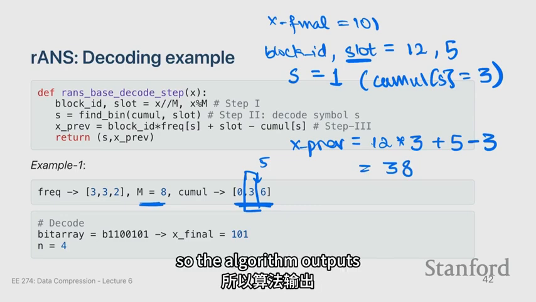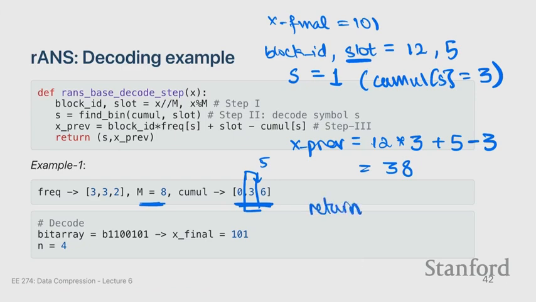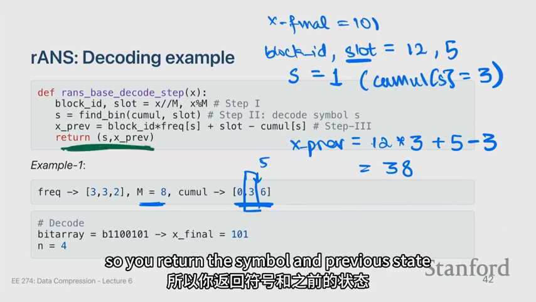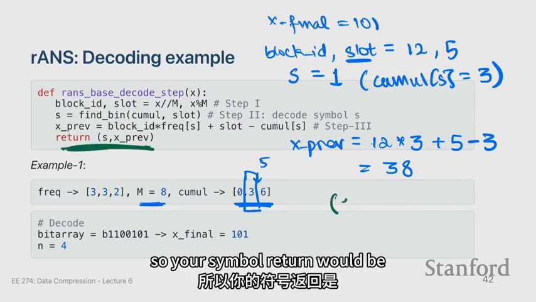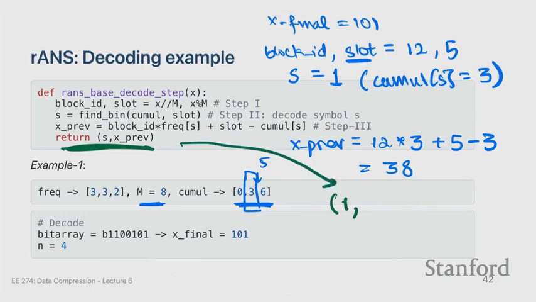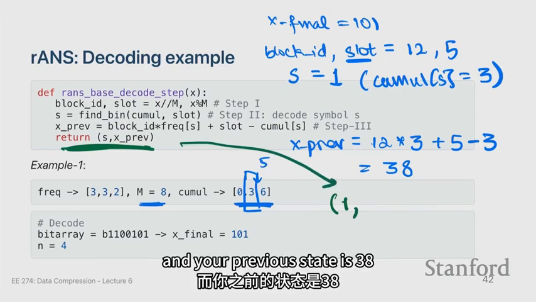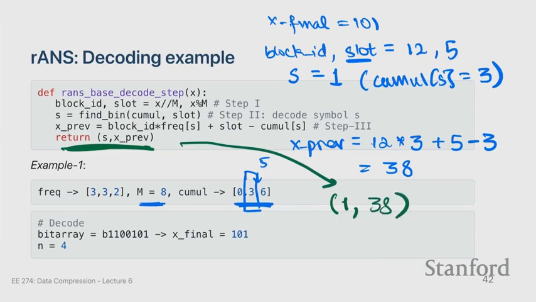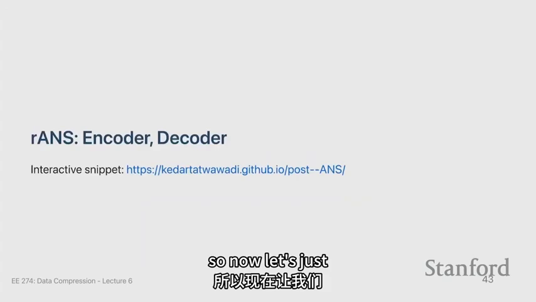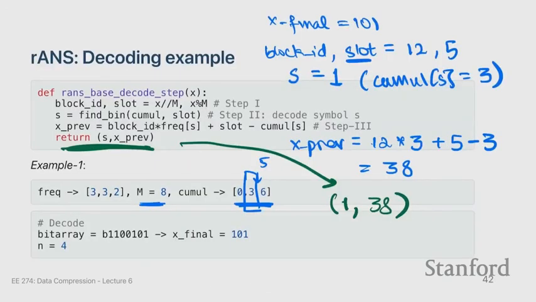So the algorithm outputs, let me write it, the symbol and the previous state. Your symbol returned is 1 and your previous state is 38.